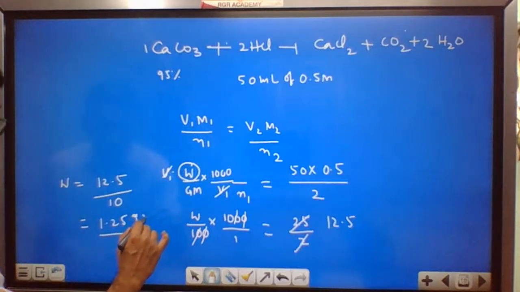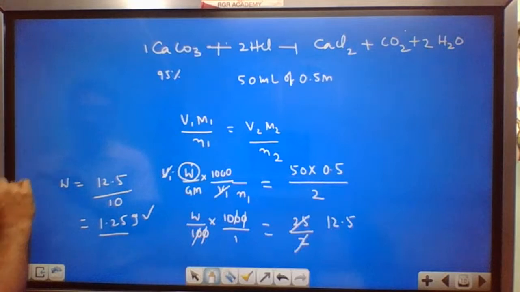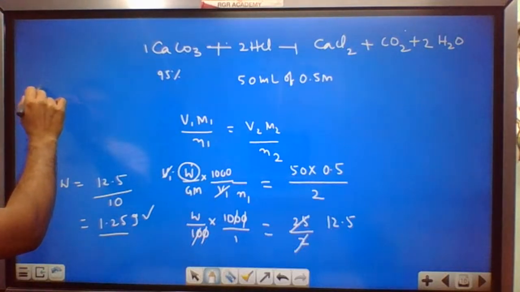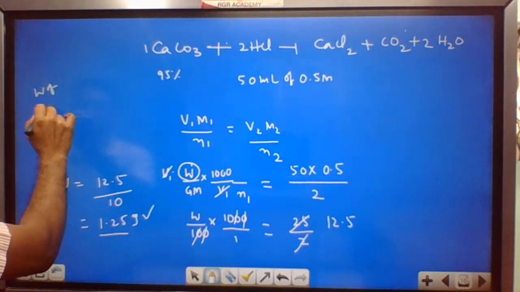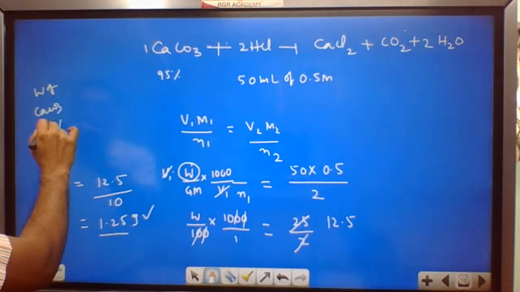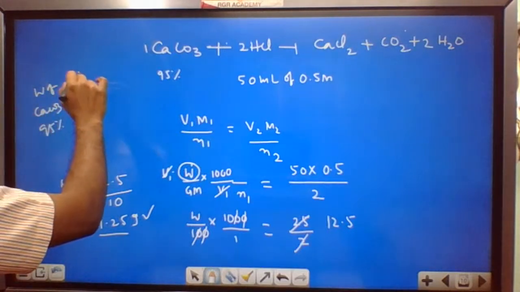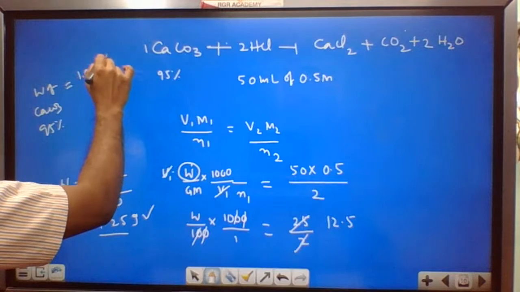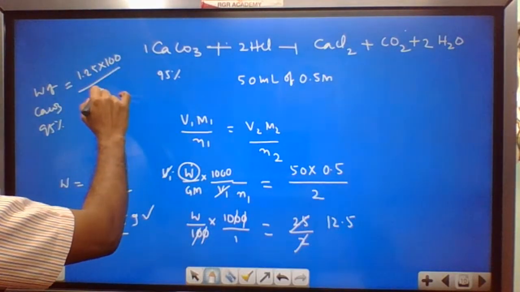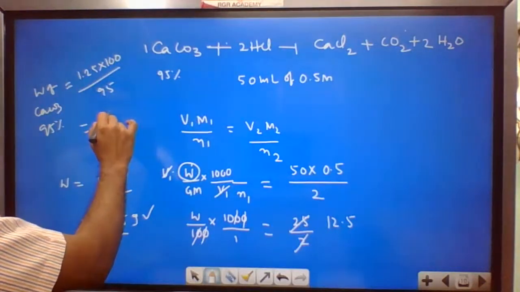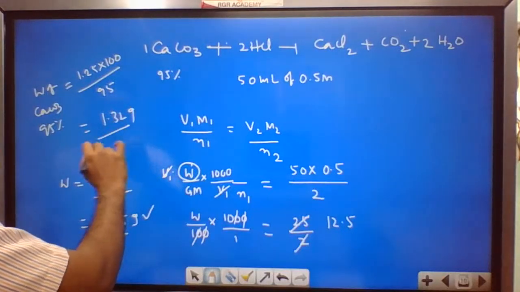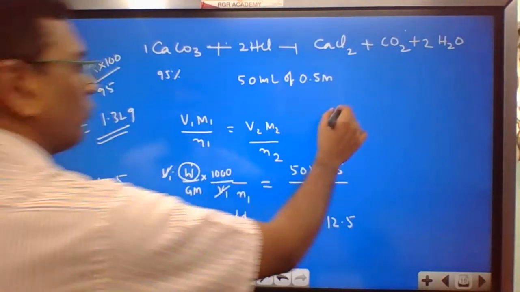If it is 100%, we need this, but they gave only 95%. So the weight of 95% CaCO3 required is 1.25 into 100 divided by 95, that is 1.32 grams. So option 1.